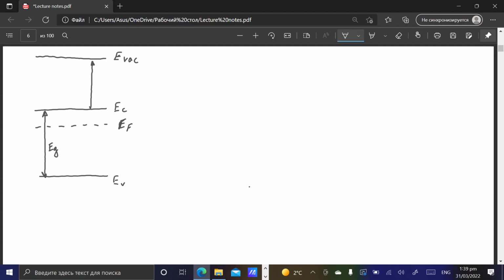What about this gap between bottom of the conduction band and vacuum level? Have you ever met such a definition of this energy?